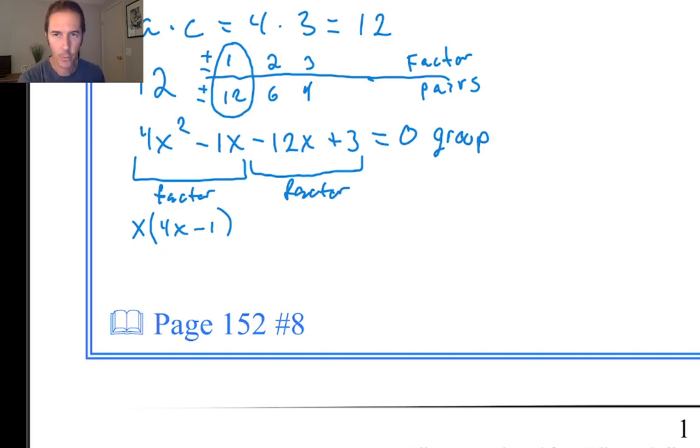In the second group, when we do our factoring, the hope is that we'll be able to take out a common factor, and what's left in the parentheses will be 4x minus 1 again. We want it to be the same as the first set of parentheses that we just created.